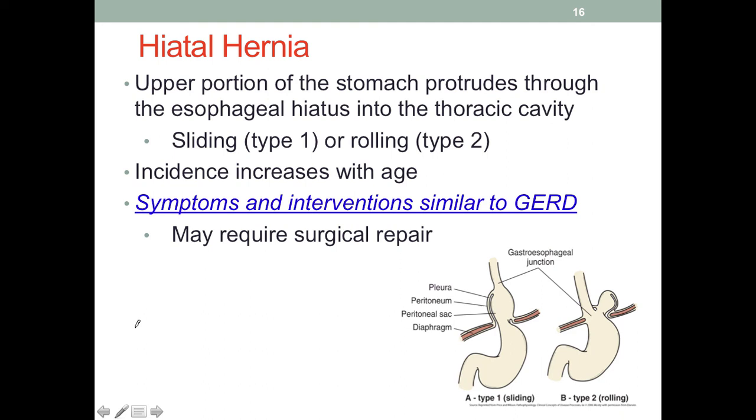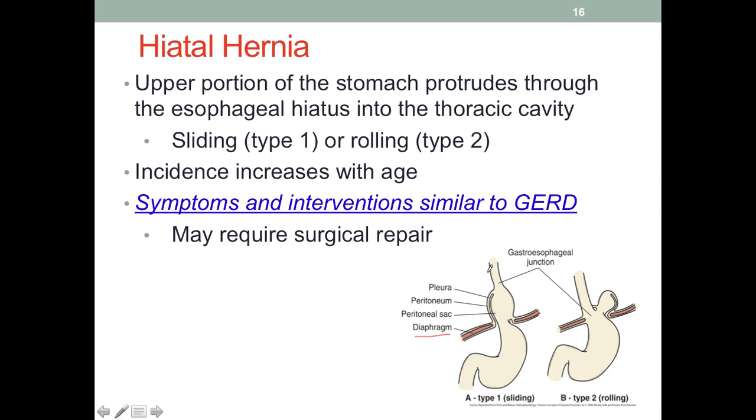Hiatal hernia is another condition that has similar symptoms to GERD. What happens here, if we look over here at this figure, under normal conditions, we have the diaphragm, and the whole stomach should be below the diaphragm within the abdominal cavity, while the esophagus is up in the thoracic cavity.